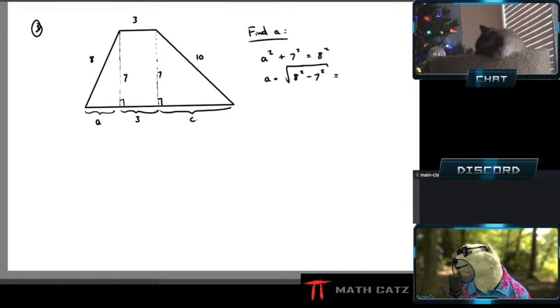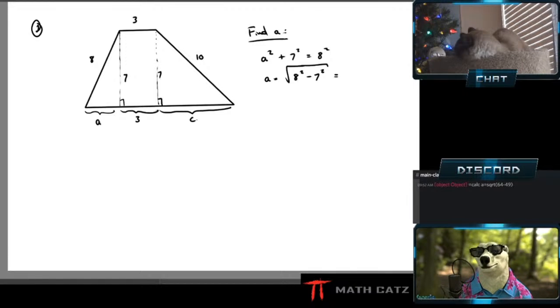Now I want to remember this A so I can use it in a future calculation. Your calculator can maybe do a memory function. Everyone's different, right? Let's call that A, and let's make it the square root of exactly what I have here, 64 minus 49.